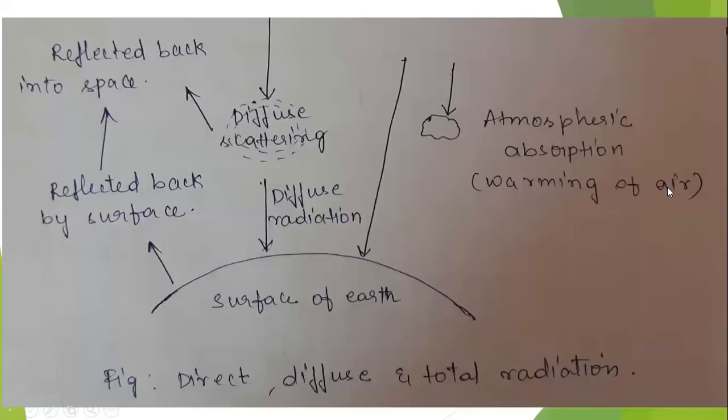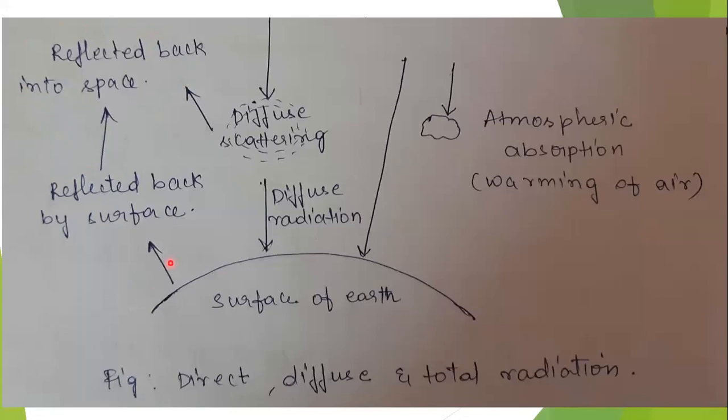So if you see this diagram of direct, diffuse and total radiations, the total radiations are explained in this diagram. First, if you see this here, some part of solar radiation is reflected back into the space. You can see in this area, and some part is reflected back by the surface.